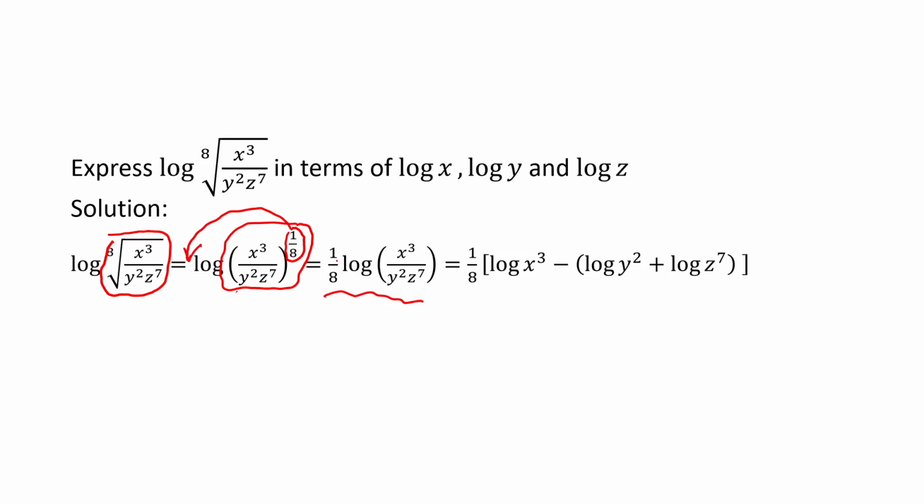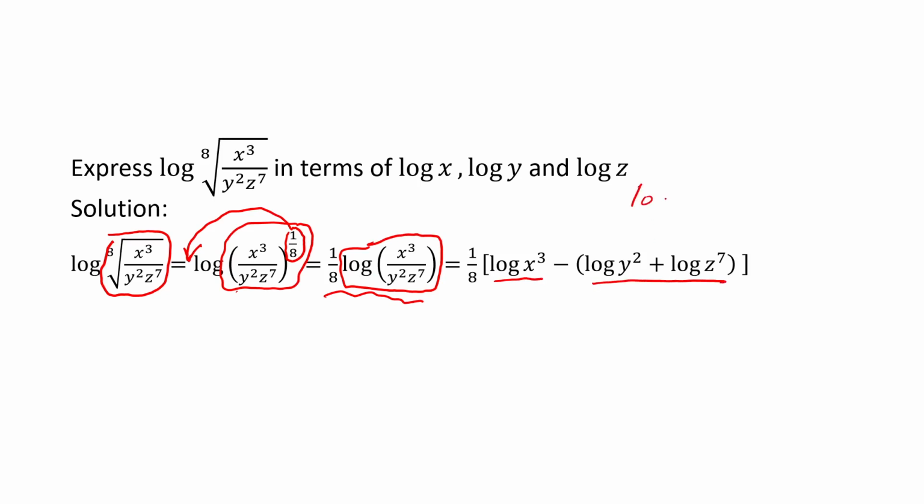Now, what we've got now is 1/8 in front, but we can say that the log of this quotient is equal to the log of the numerator minus the log of the denominator.